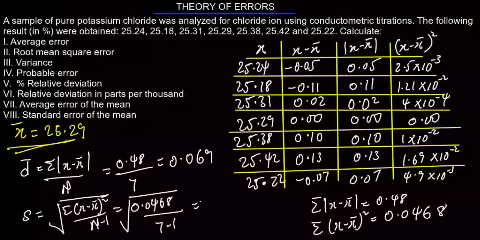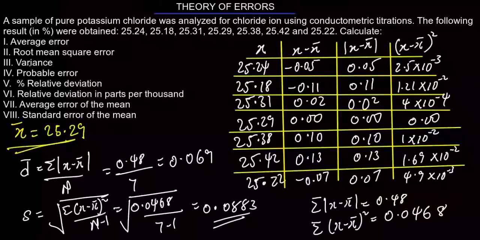So this should now be divided by 6. That's 0.0468 divided by 6, then square root of the answer. So this gives me 0.0883. That's my answer for the standard deviation.